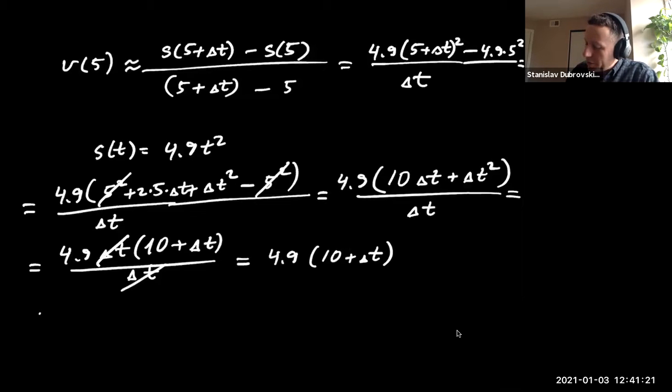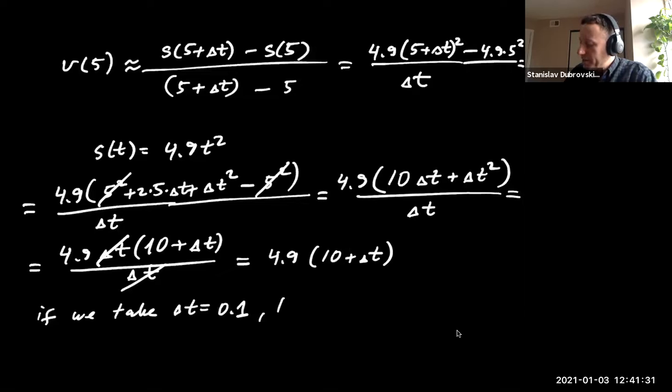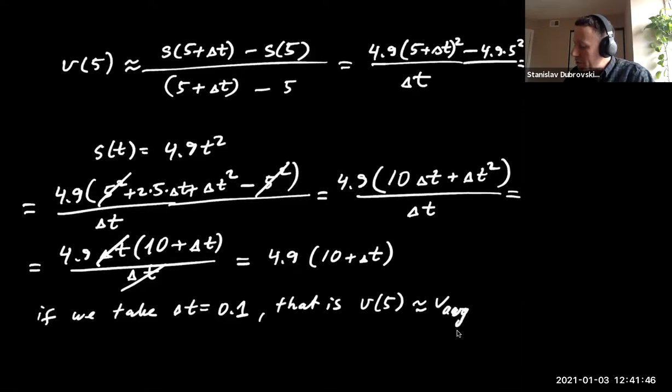So if we take delta T equal to 0.1 second, we would be approximating V of 5, velocity after 5 seconds, with the average rate of change, with the average velocity from T equals 5 to T equals 5.1.